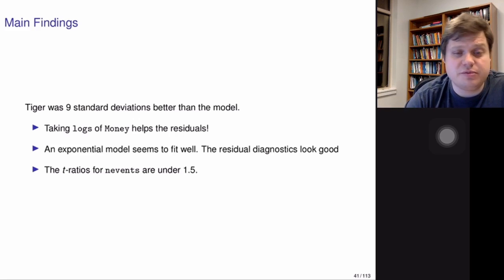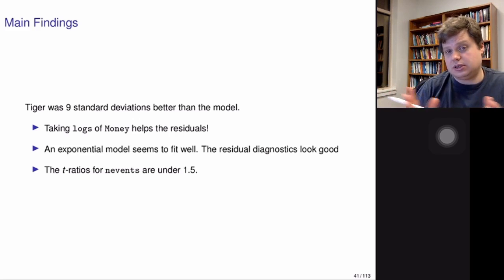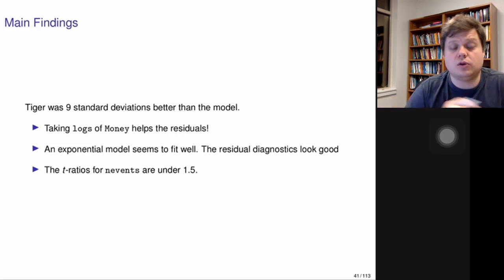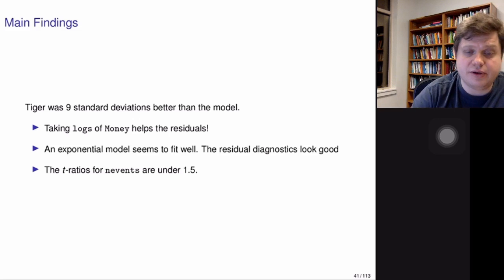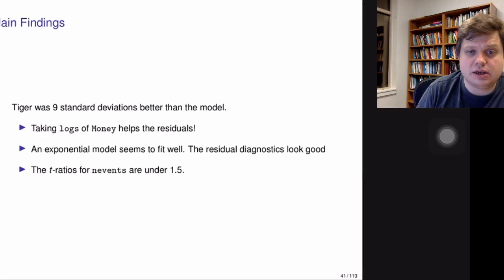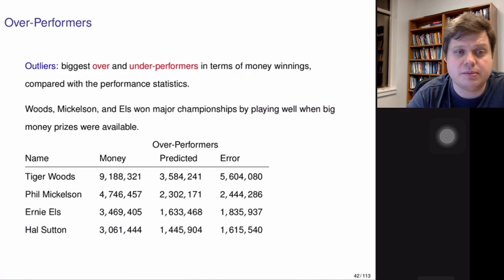Once we took the logarithm of the money, it helped us with the residuals. It started looking more like a normal histogram. An exponential model seems to fit well. The residual diagnostics looked good, and the number of events became an insignificant variable when we put money on the log scale, so we excluded it from the model.